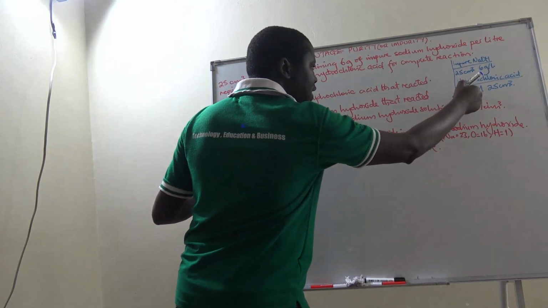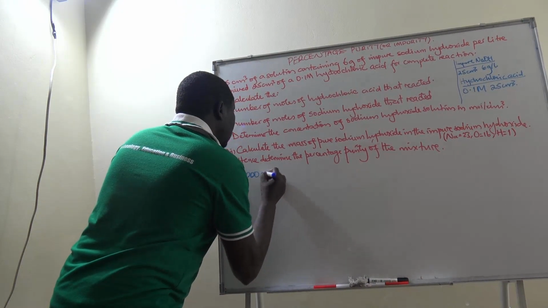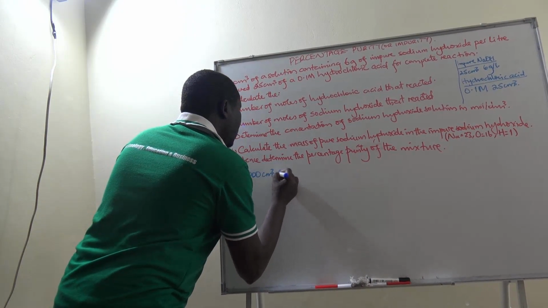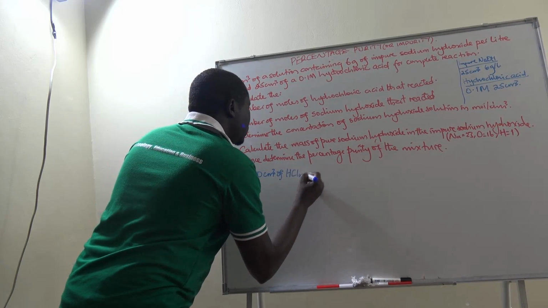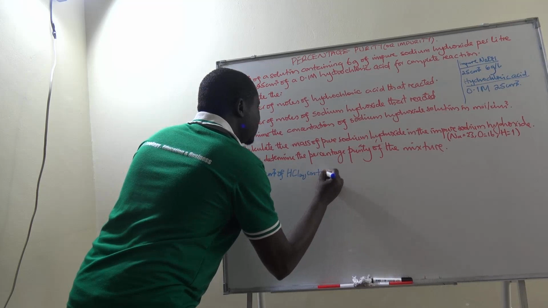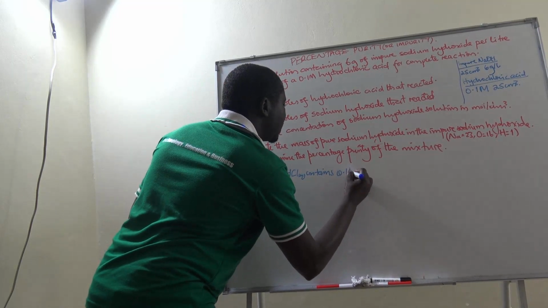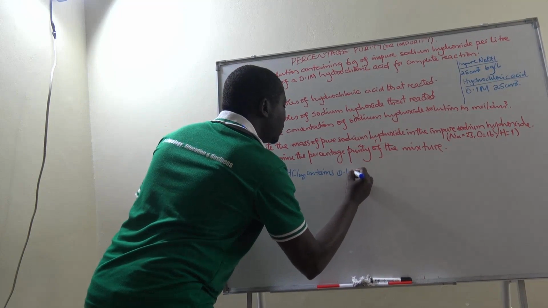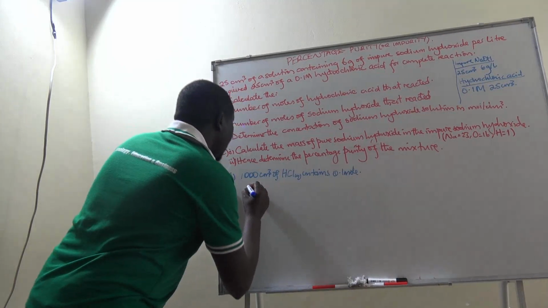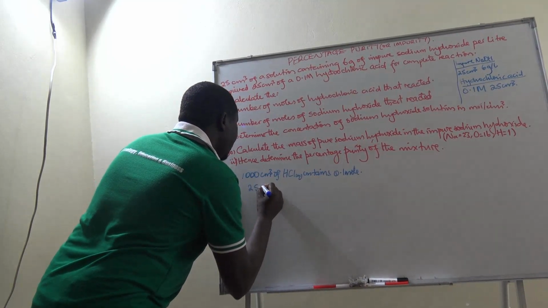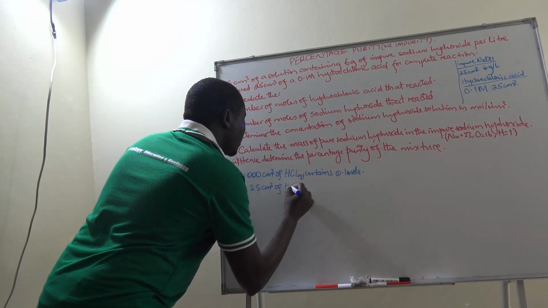Since we have the molarity given here, we say 1,000 cubic centimeters of the solution of hydrochloric acid contains 0.1 mole. We have interpreted this molarity here. And then what of the 25 cubic centimeters of the hydrochloric acid?